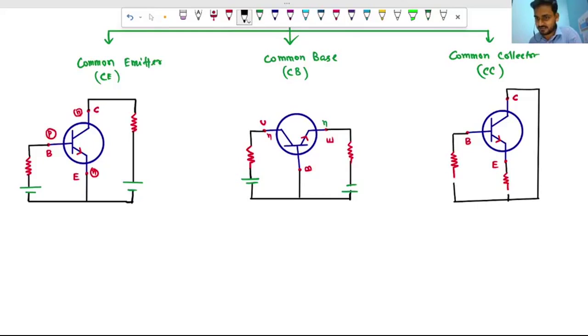How will the biasing be here? Collector means N type, emitter means N type, base means P type, isn't it? The emitter is always forward biased, so the negative terminal will be there and the positive terminal here, and the base is reverse biased, so this one. This will be the common collector configuration.